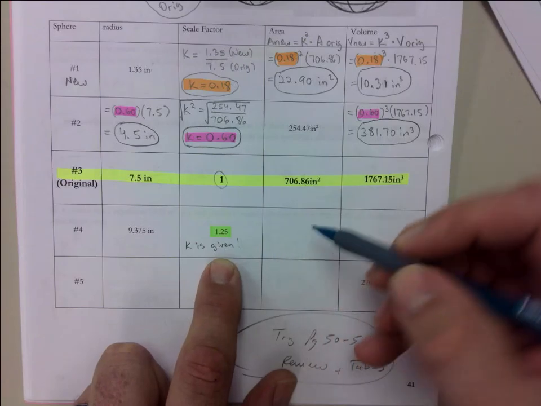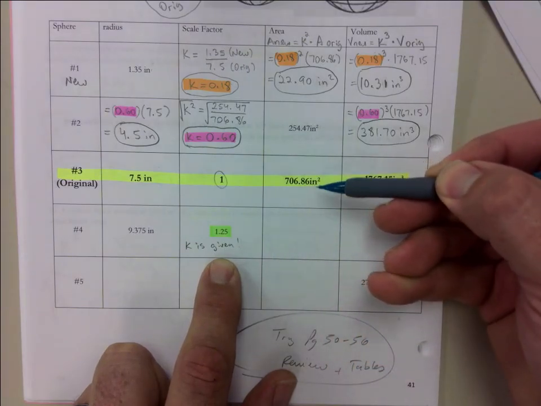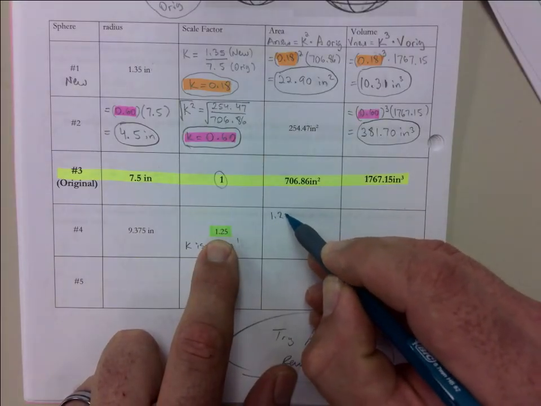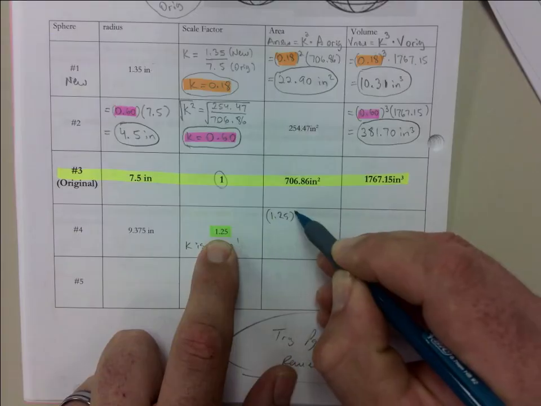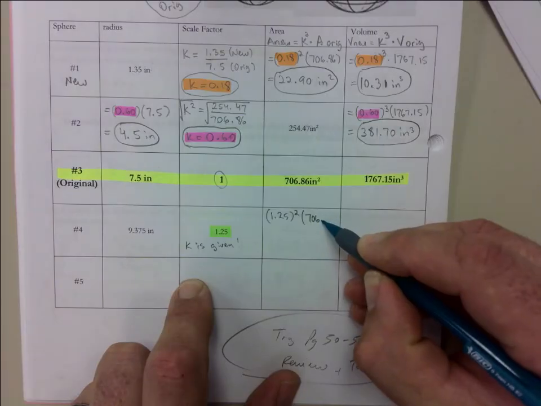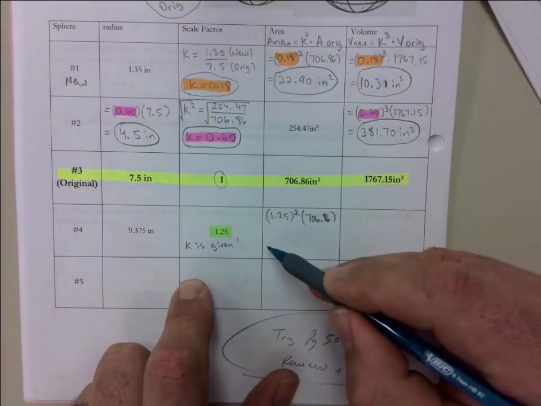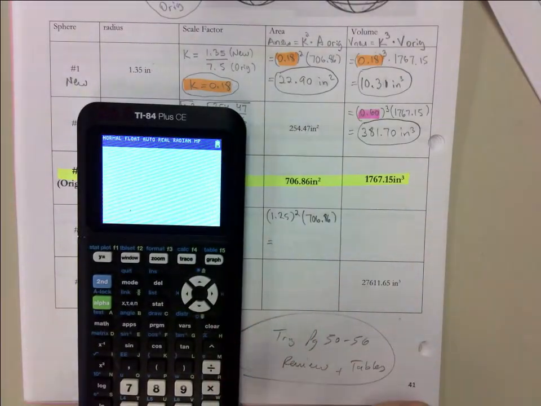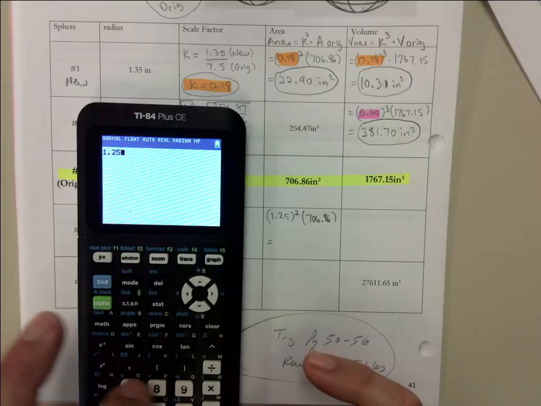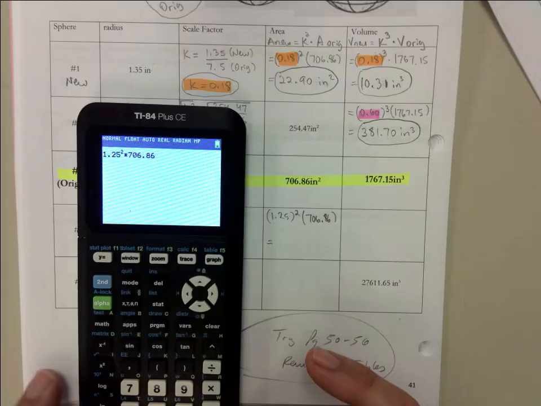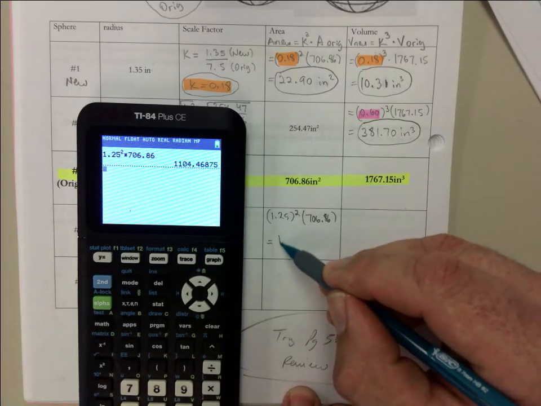So for the area, to go from the original surface area to the new one, I will take my scale factor and I will square it and then multiply it by 706.86. That will give me my new surface area. And there you have it.